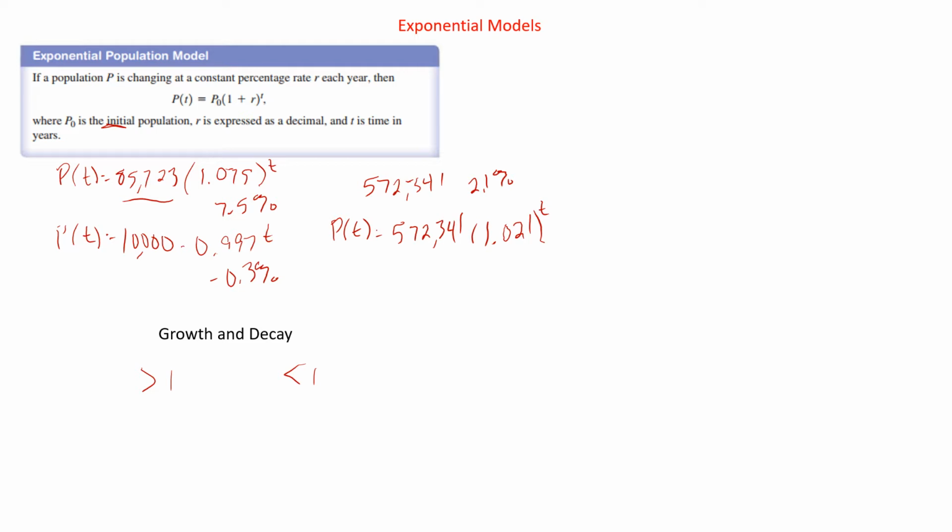The 1.075 and the 1.021 were both greater than 1. Growth looks like that, and decay looks like that. They both have an asymptote at 0. It's either growing away from it or it's getting closer to zero.